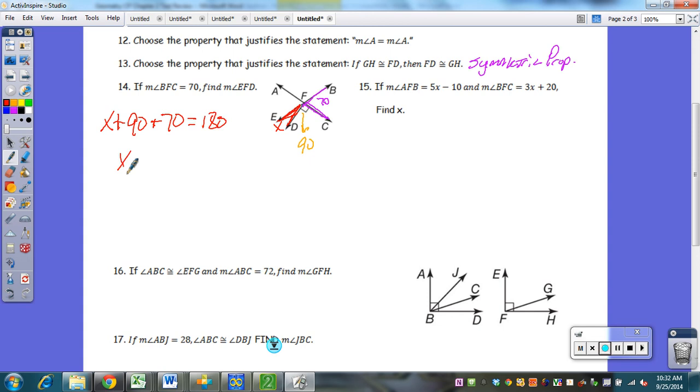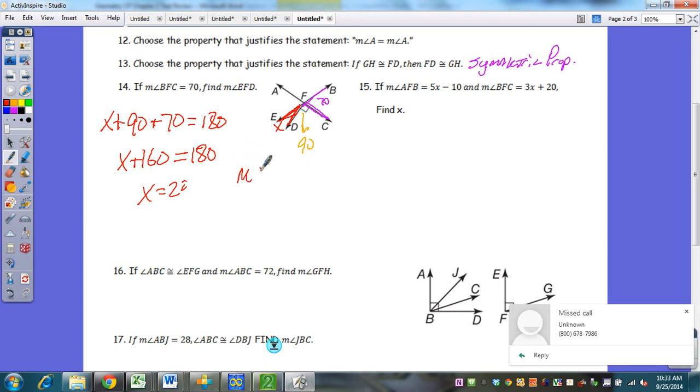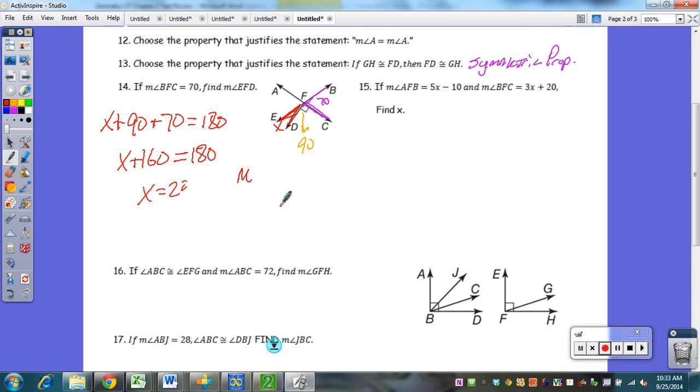Okay, so we get x plus 160 equals 180, so x equals 20. So the measure of angle EFD is equal to 20 degrees.